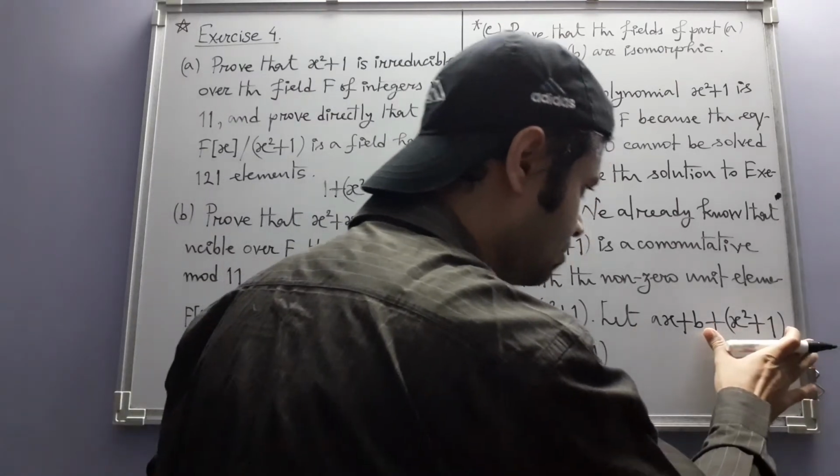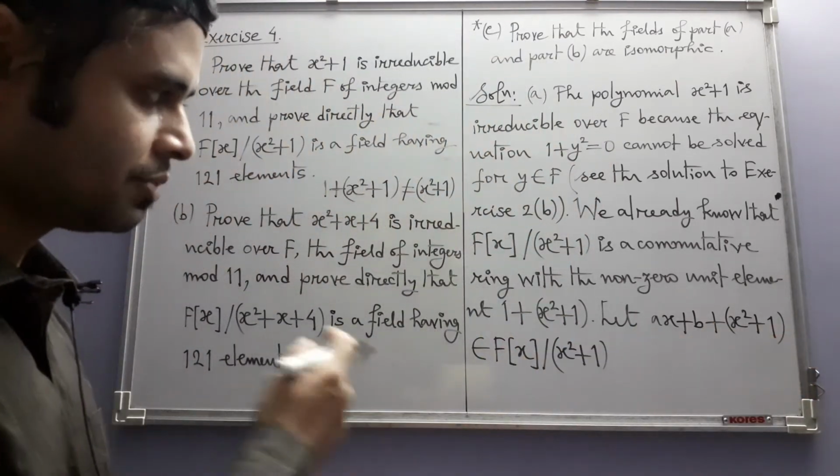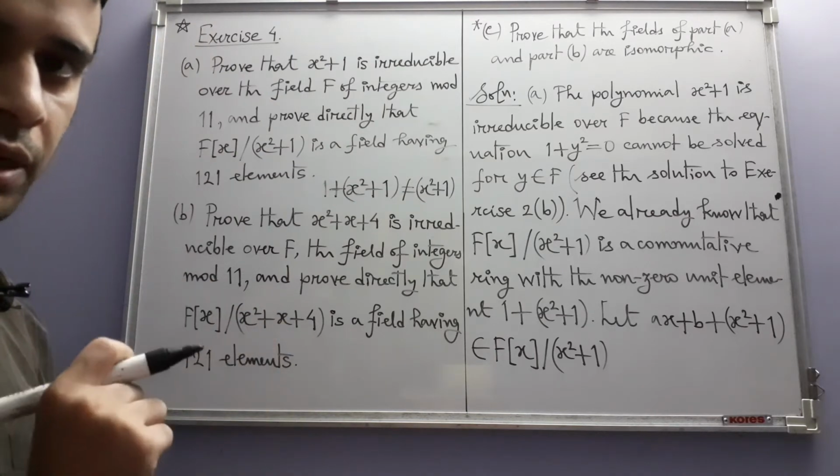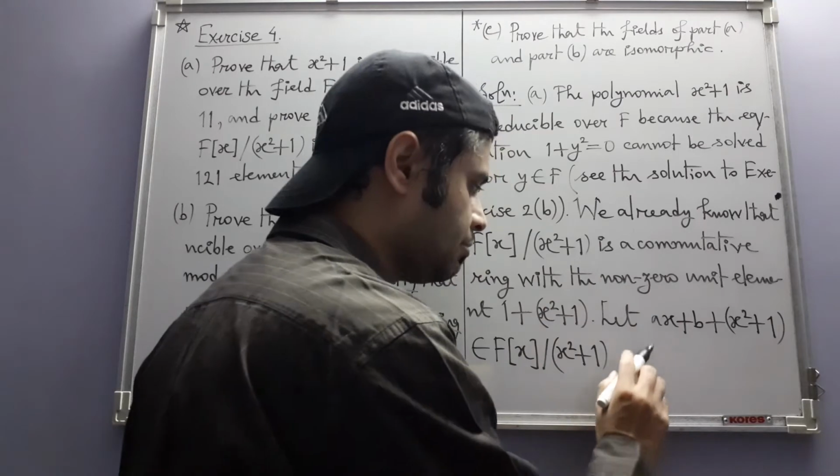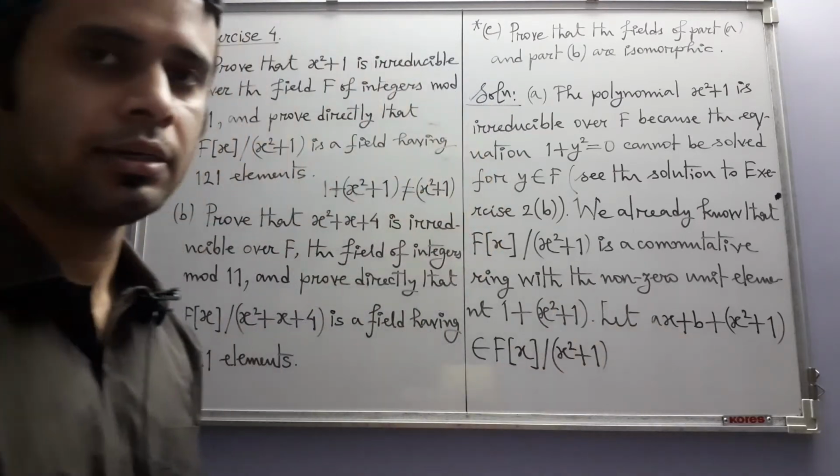Now this will be equal to the 0 element of this ring, that is the ideal x square plus 1 itself, when and only when both a and b are equal to 0.